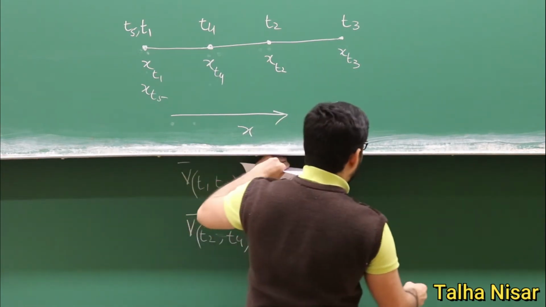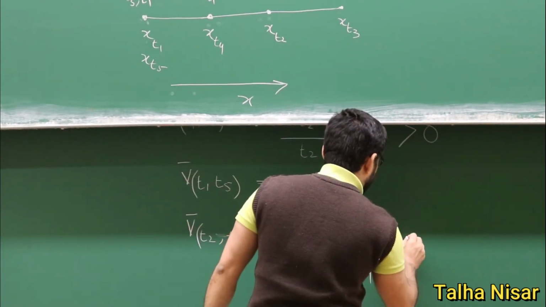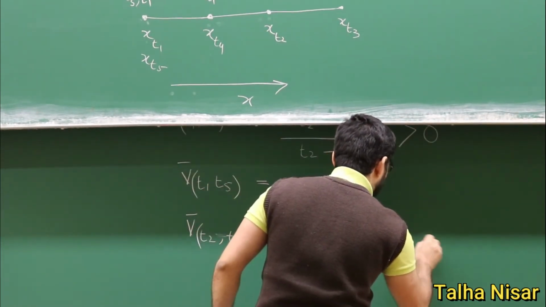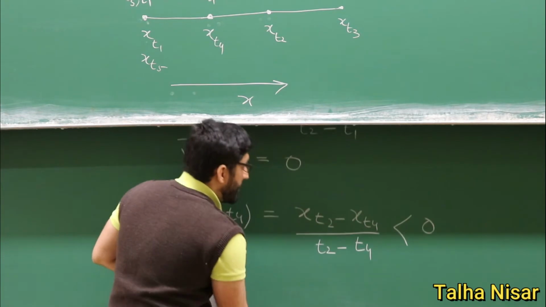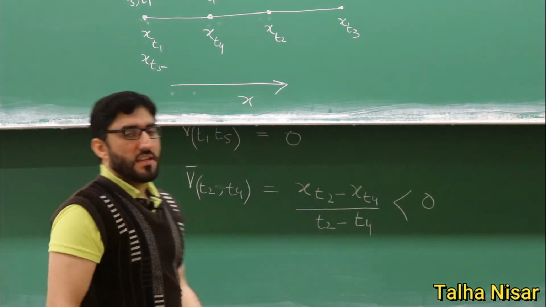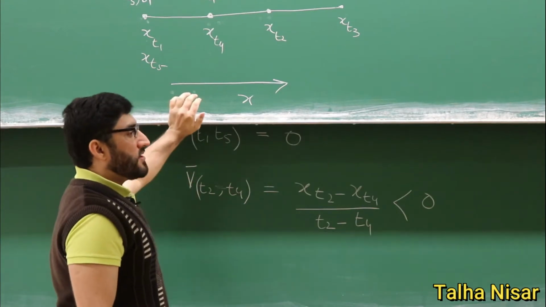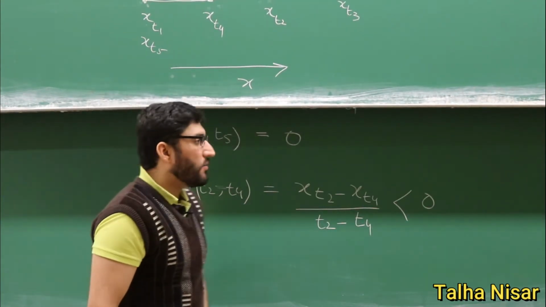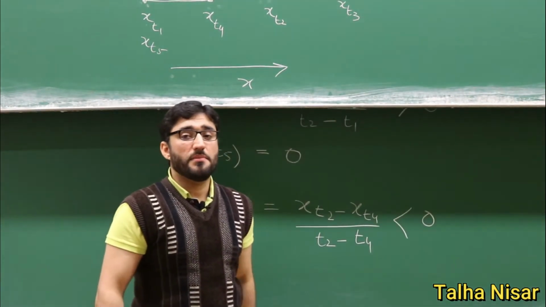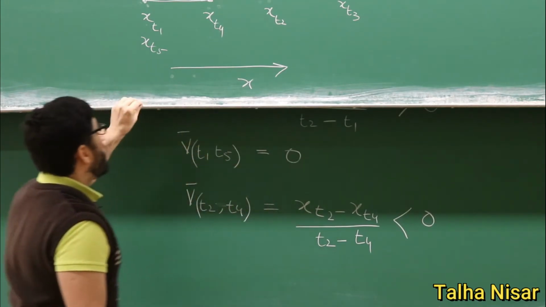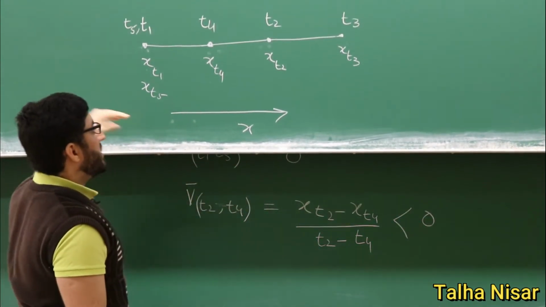Since it is moving in the opposite direction, it is smaller than 0. Since the velocity is a vector, it's sign sensitive. It can be positive, meaning larger than 0, it can be equal to 0, and it can be smaller than 0.